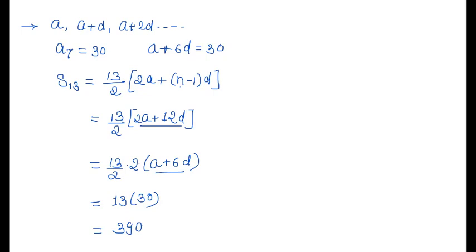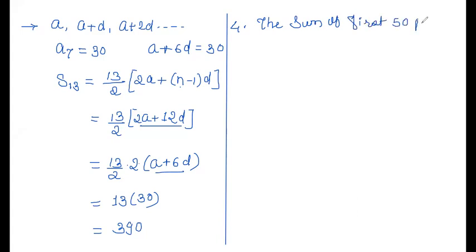The next example of arithmetic progression: sum of first 50 positive integers divisible by 3.